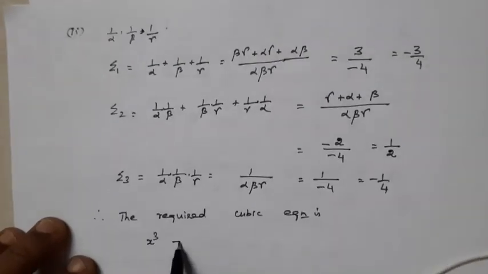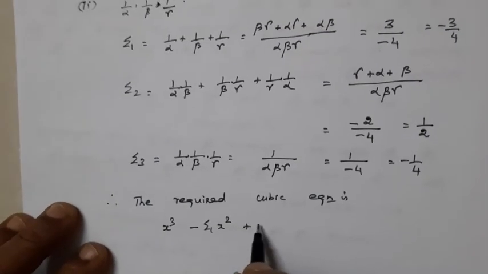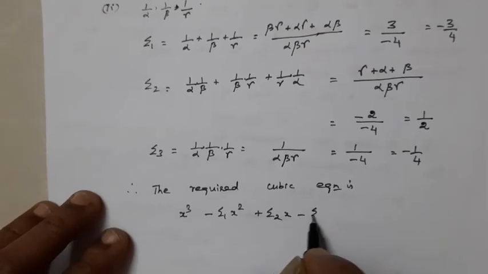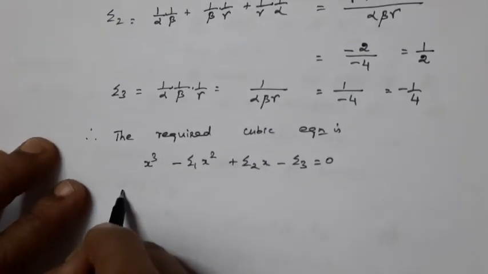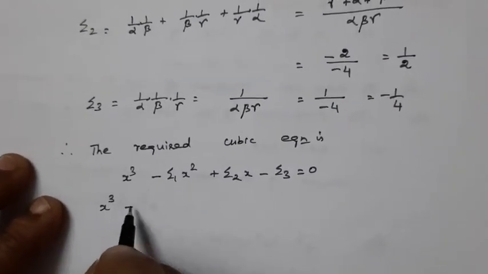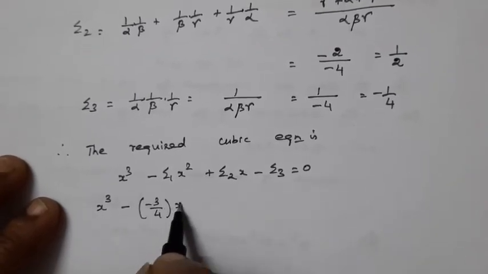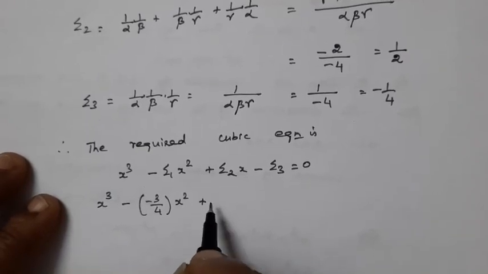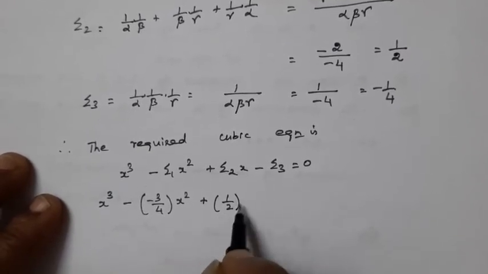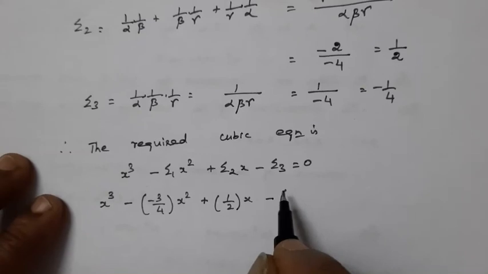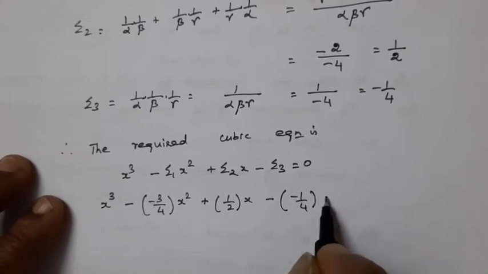x cube minus sigma 1 into x squared plus sigma 2 into x minus sigma 3 is equal to 0. So that is x cube minus, what is sigma 1? Minus 3 by 4. So minus 3 by 4 into x squared, and then plus sigma 2 is 1 by 2, so 1 by 2 into x, minus sigma 3 is minus 1 by 4, equal to 0.